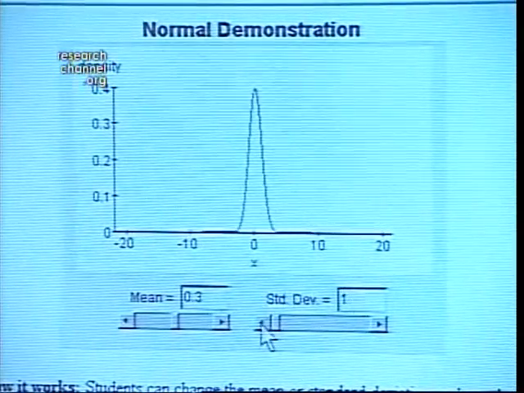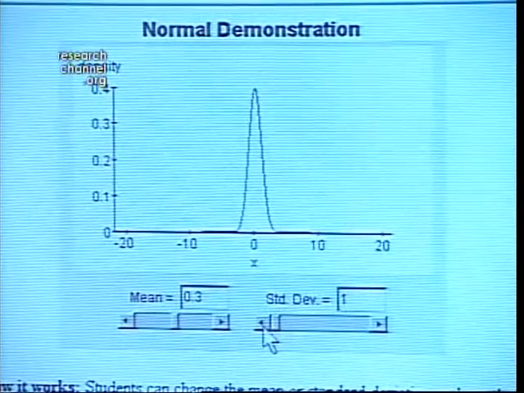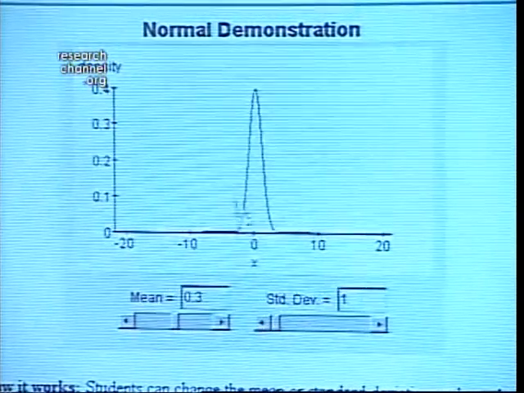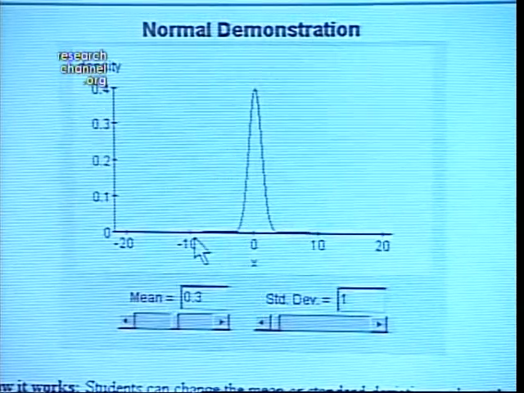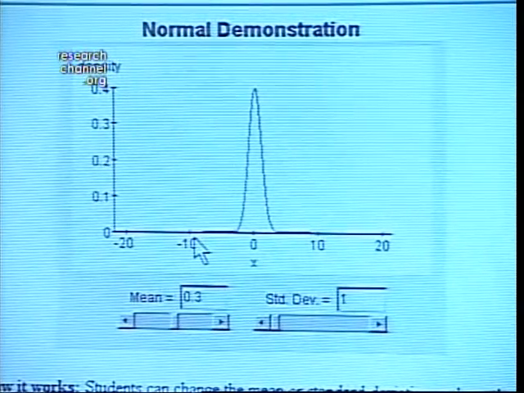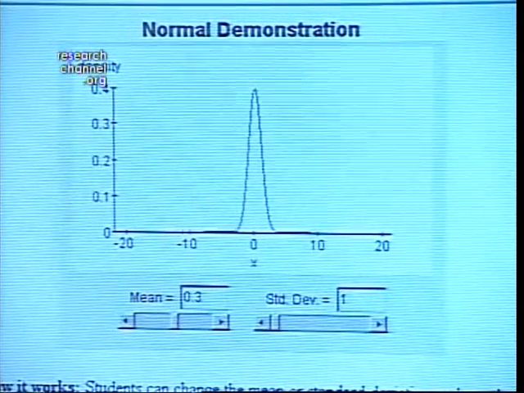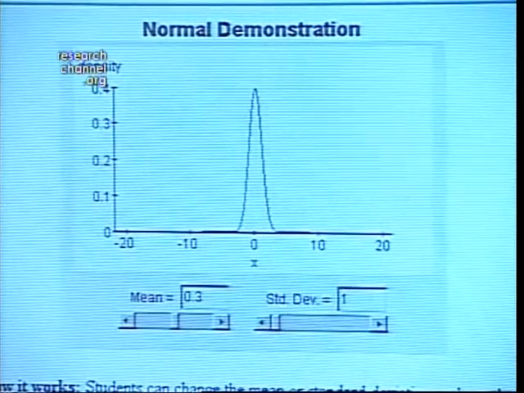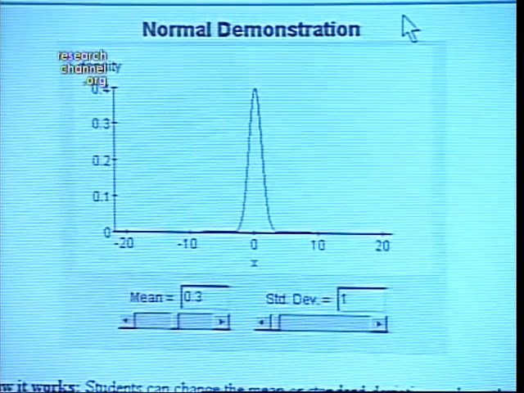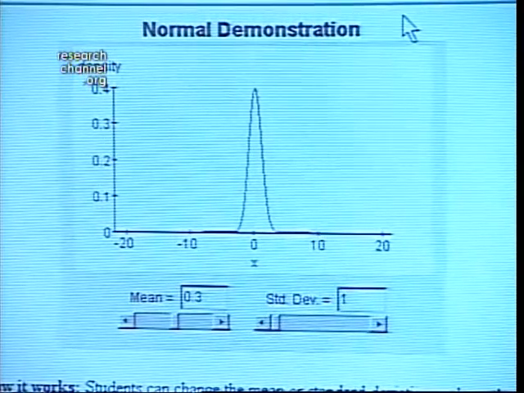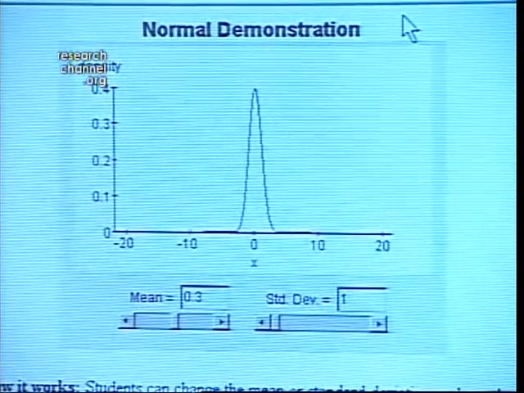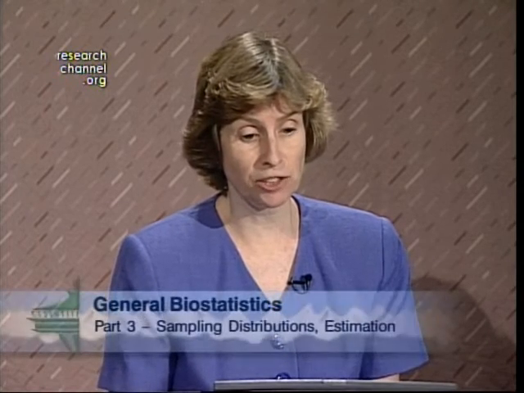If we decrease the standard deviation, we have more probability associated with the values nearer the mean and less associated with values out in the tail of the distribution. So this is a fun applet to illustrate how means and standard deviations affect the shape and flatness of the probability distribution.